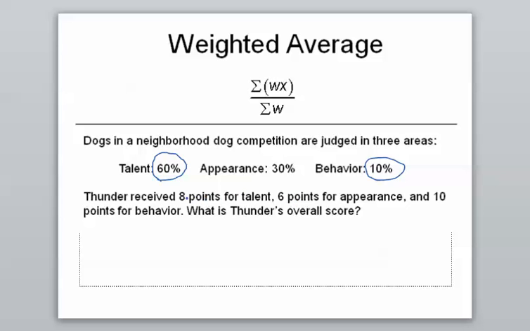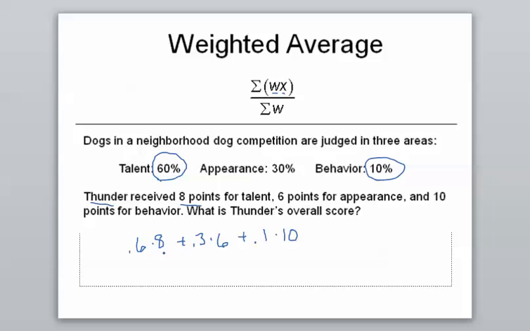And Thunder, one of the dogs, received 8 points for talent. So what you would do is you would multiply the weight times the value that they got. So you would say 0.6 times 8, and then you're going to add to that the 0.3 times 6, and then you're going to add to that 0.1 times 10.